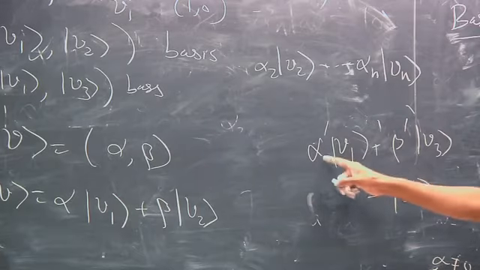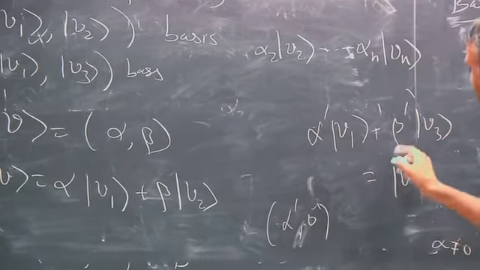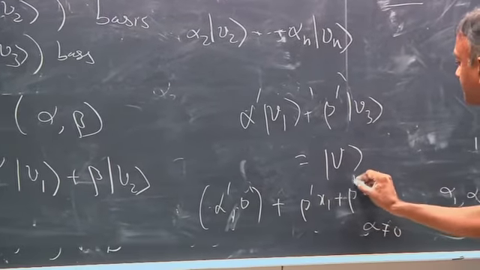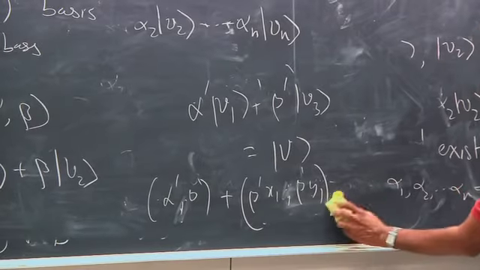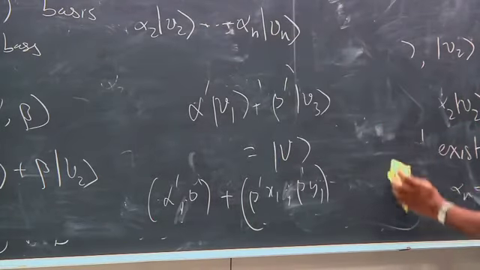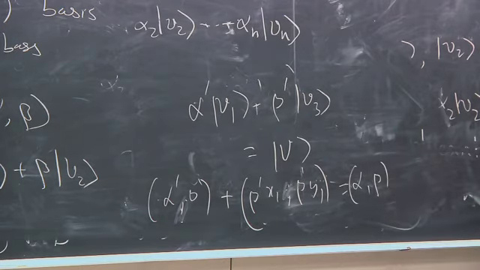So let's write it down: this is alpha prime, 0, plus beta prime x1, beta prime y1, because I just multiply by beta prime, both components, and this should be equal to alpha, beta, right? So I want to solve for this.